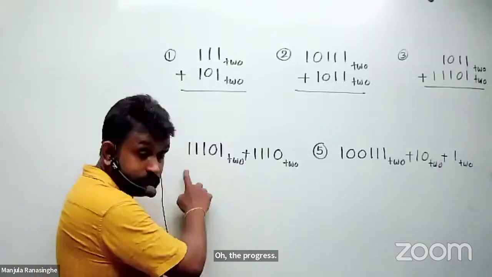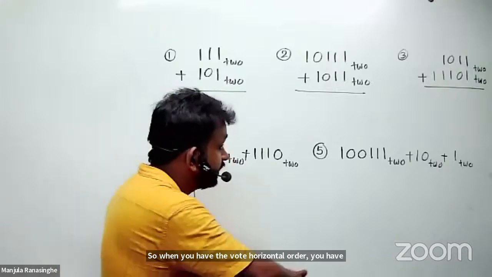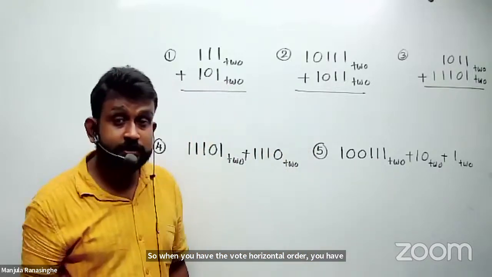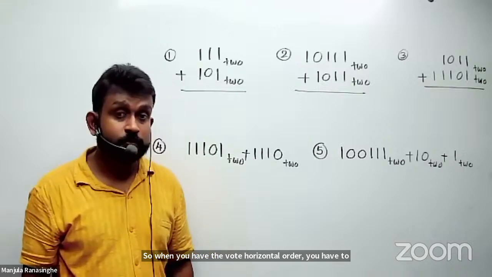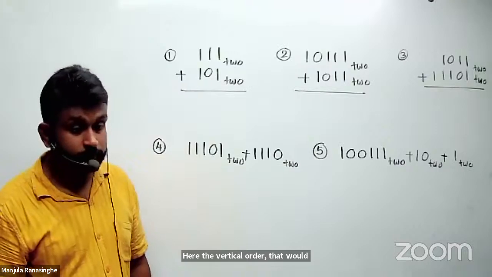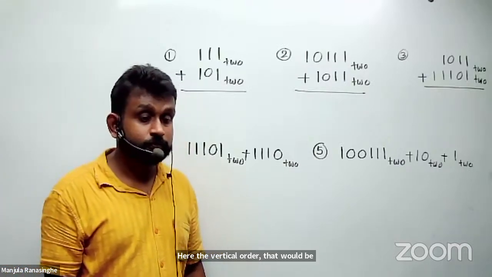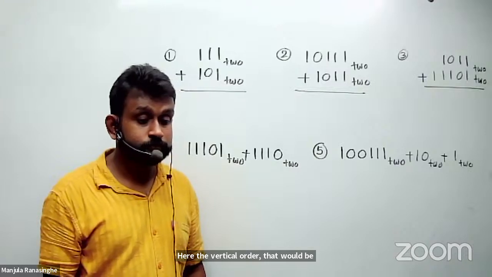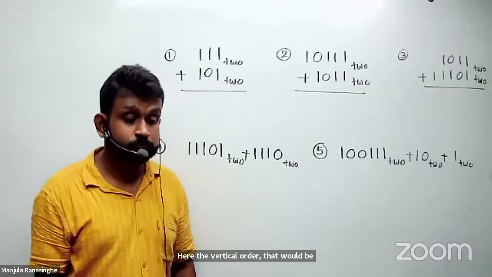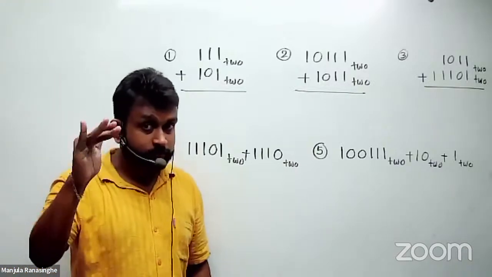So when you have the word horizontal order, you have to arrange it to the vertical order, right? The vertical order would be easy for adding. So the basic concept, what are the concepts?